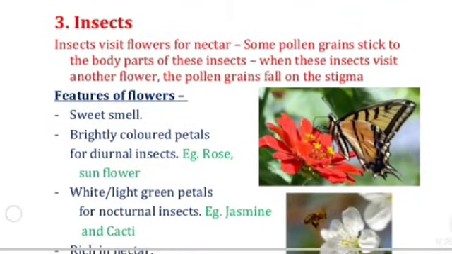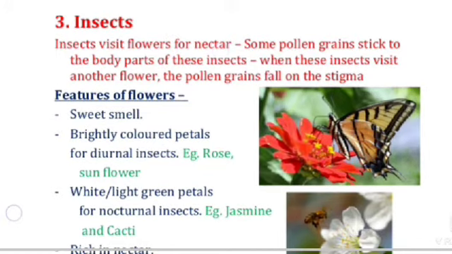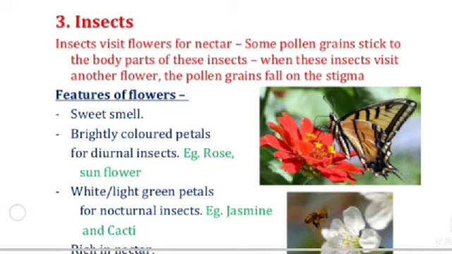Insect: insects visit flowers for nectar. Some pollen grains stick to the body parts of the insect. When the insect visits another flower, the pollen grains fall on the stigma.